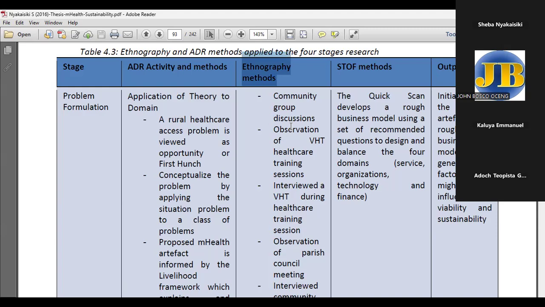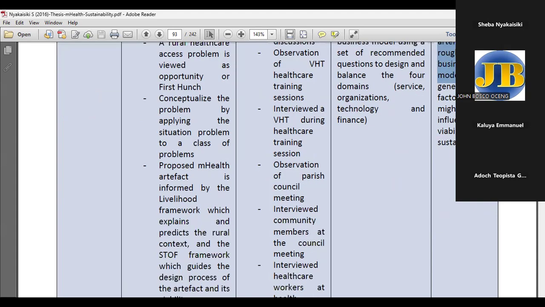I'm going to carry out observation, maybe looking at documentation, and maybe observe activities as people work. So here you can state that. Then here I talked about the Stoff method. This is another theoretical framework that I used, depending on what you've used. Then at the end here, I said, what would be the output? So here it's the initial idea of the mHealth application, and so on and so forth.